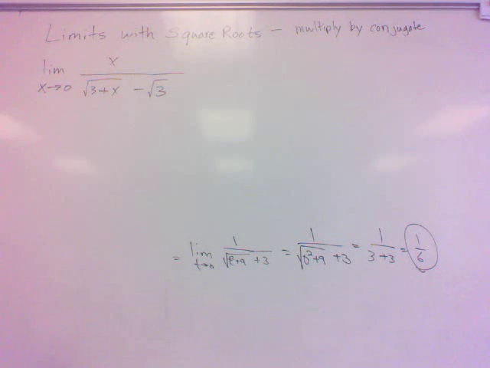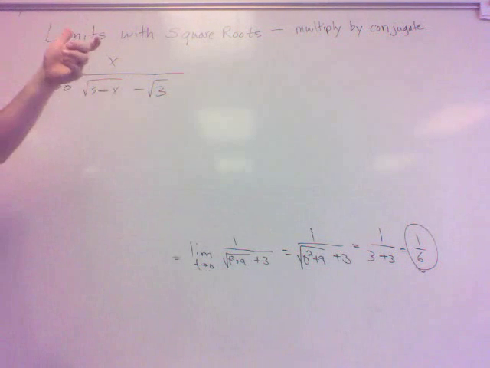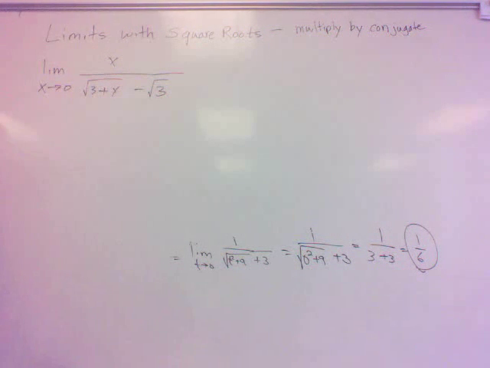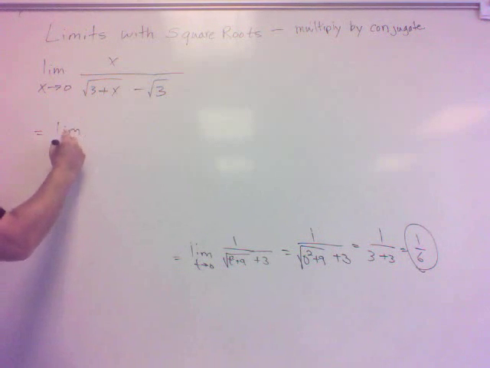But it is one of these limits with square roots, and so we know multiplying by a conjugate might be a good thing here. What conjugate am I going to use here? Well, in this case, it's the denominator that has the square roots in it, so that's where I apply the conjugate, to the denominator. You don't always have to do the conjugate to the numerator. Sometimes you'll do the conjugate to the denominator. So that's the case here.